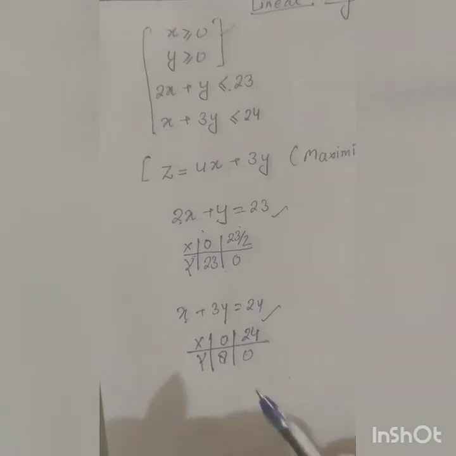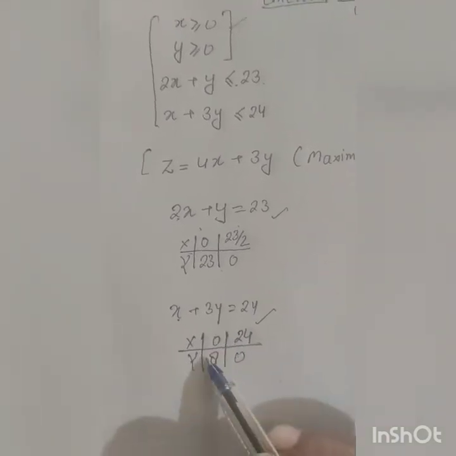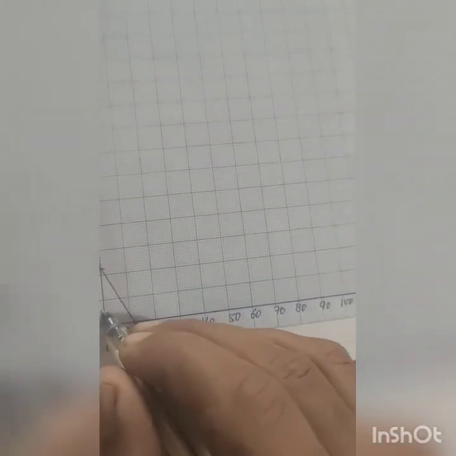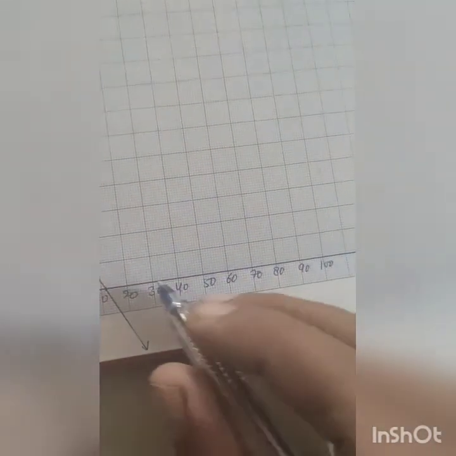Now the next line we need to make for this. When x is 0, y will be 8, and when y is 0, x will be 24.